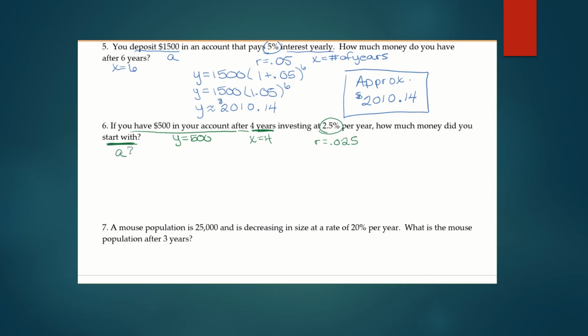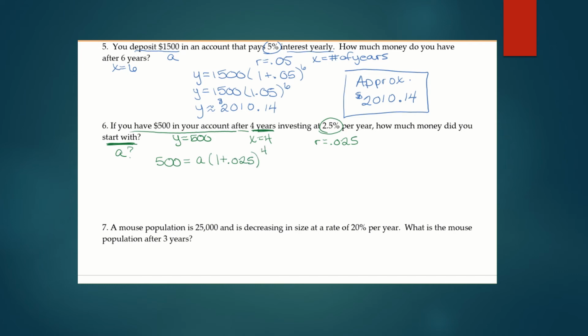So we're actually looking for A. We don't know A. So if we were to put this equation together, just with the pieces that I know, I'm looking at 500 equals A times 1 plus 0.025 raised to the power of 4.